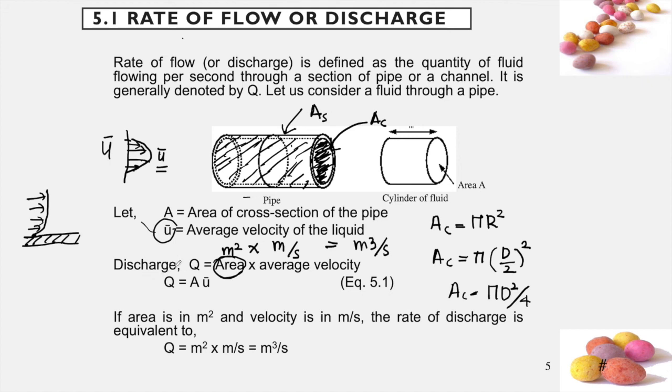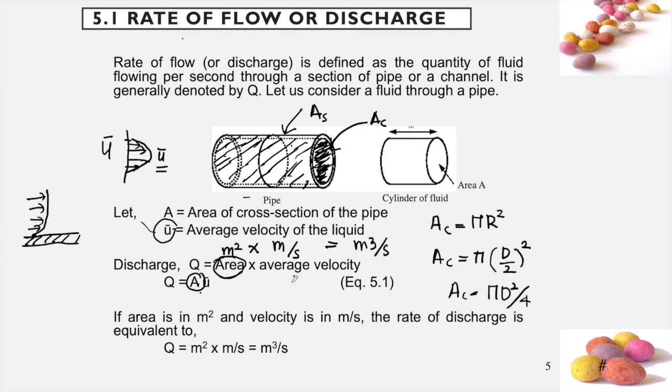In the rate of flow equation, this area represents the cross-sectional area. To find the discharge rate, you multiply the cross-sectional area by the average velocity. Don't worry, because the question will normally state the velocity, and that velocity represents the average velocity.